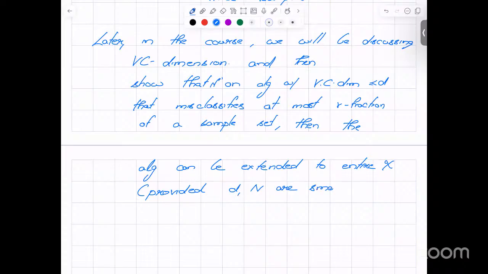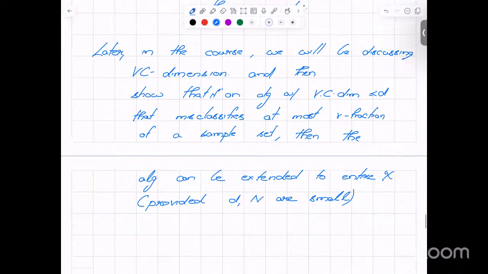We'll see this later on. So for now, we will defer this because I'm not even talking about what VC dimension and n are. We'll just look at this problem.